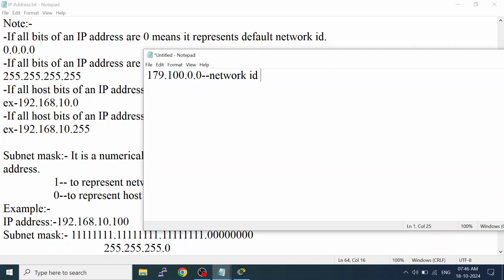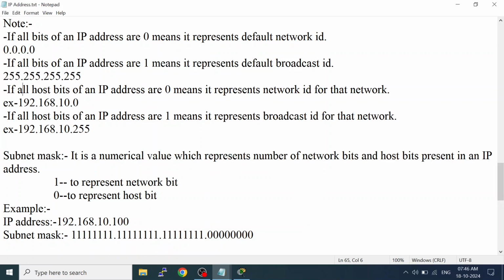So if I apply any rule here, where will it apply? 179.100. Suppose 10.10. So if I apply any rule here, it will apply on this IP. Means any IP address that starts with 179.100, the rule will apply only on that, not for the other IP addresses. Understood? So if all host bits of an IP address are 0, it represents the network ID for that network.